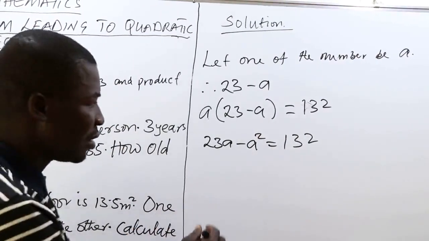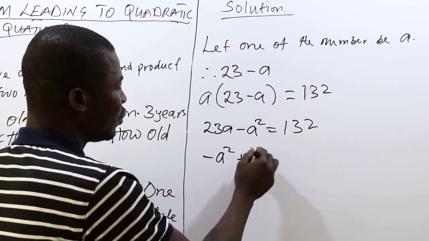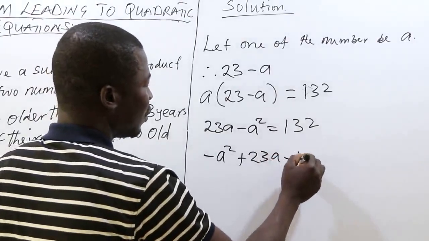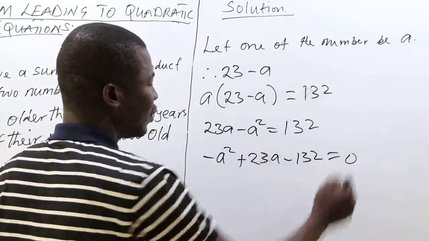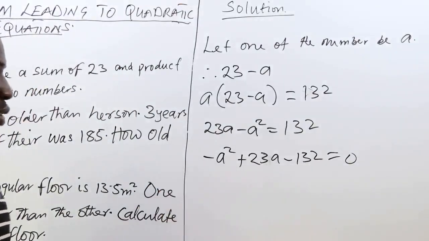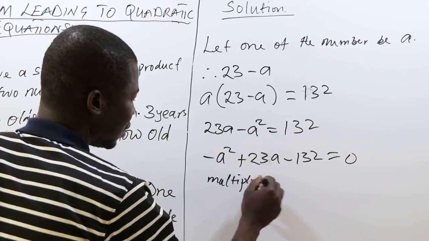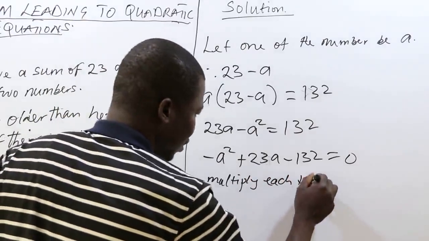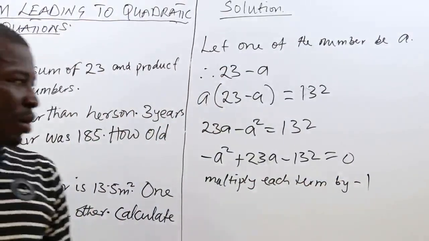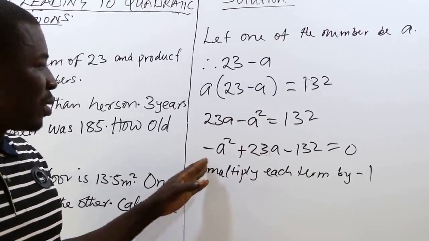So let's simplify and collect the terms. This will be minus a squared plus 23a minus 132 equals 0. Since a squared is carrying a negative sign, we can multiply each term by minus 1 to avoid complexity in solving it.